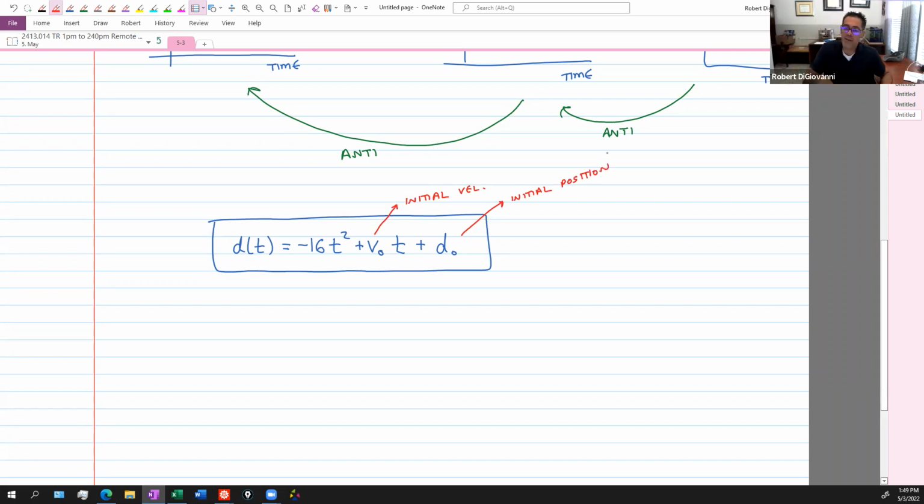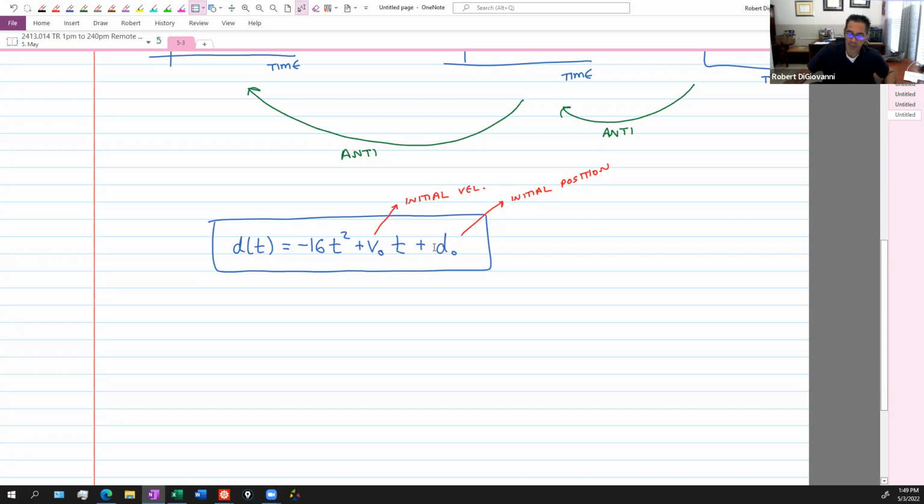So the formula I gave you right here is the formula that we use on planet Earth. If you drop an object from any height, you tell me the initial position. So maybe you dropped it from a 40-story building, maybe it's like 700 feet.